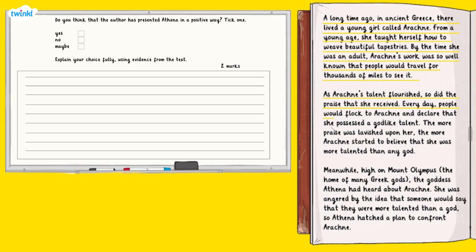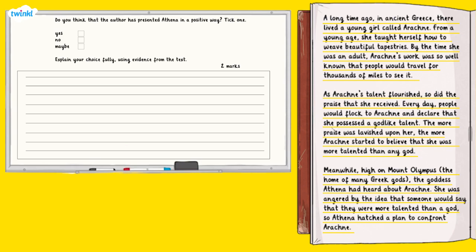Every day people would flock to Arachne and declare that she possessed a godlike talent. The more praise was lavished upon her, the more Arachne started to believe that she was more talented than any god. Meanwhile, high on Mount Olympus, the home of many Greek gods, the goddess Athena had heard about Arachne. She was angered by the idea that someone would say that they were more talented than a god, so Athena hatched a plan to confront Arachne.